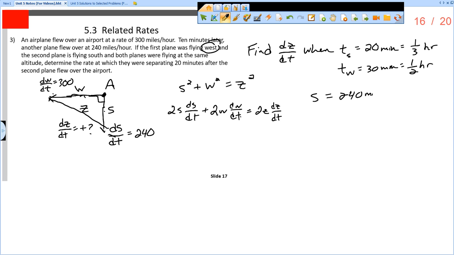I'm going to put the units here just to make sure we're paying attention to how these work out. 240 miles per hour times 1/3 of an hour, so we're really just taking 240 and dividing it by 3. Hours cancel, leaving us with miles. So the southbound plane had flown 80 miles.